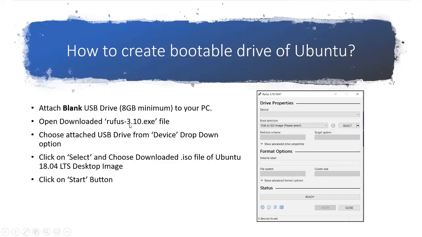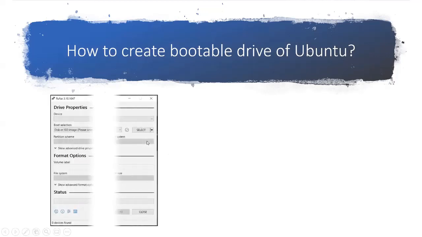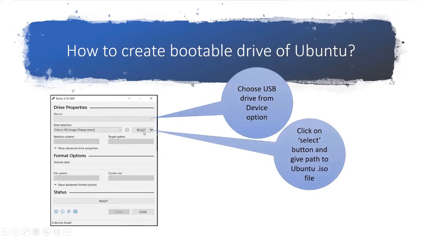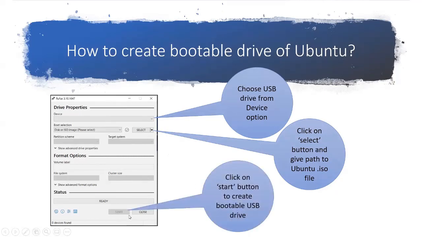Open downloaded Rufus 3.10 exe file. Choose attach USB drive from device dropdown. Then you need to click on select and give path of Ubuntu ISO file. Then you need to click on start. Okay, in this way you can create bootable drive of Ubuntu.